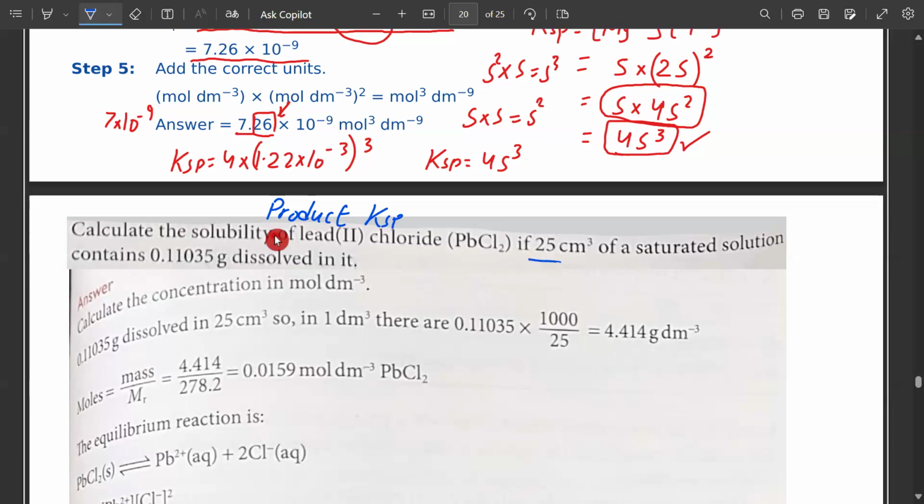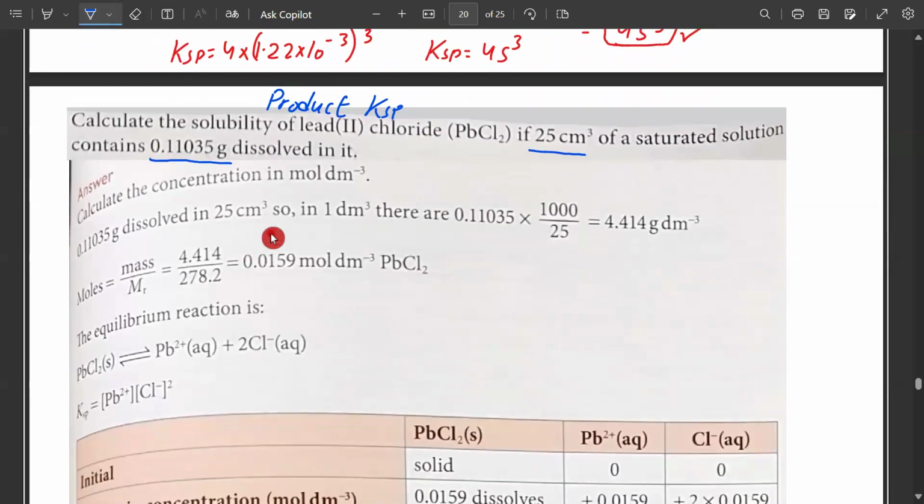Now, this is the volume provided and this is the mass provided. Now, we know that the equation of KSP gives the concentration in moles per dm cube. But in our question, we are provided in cm cube and gram. That means this value must be converted into mole per dm cube.